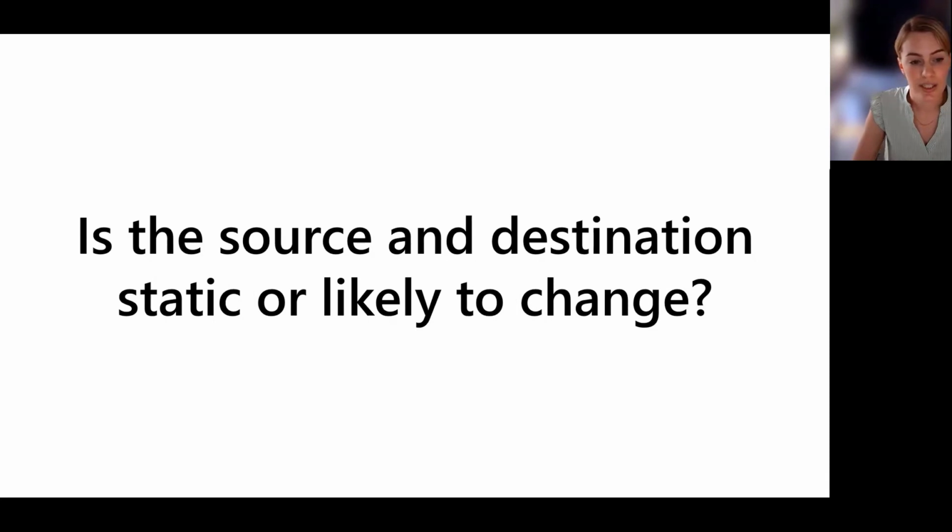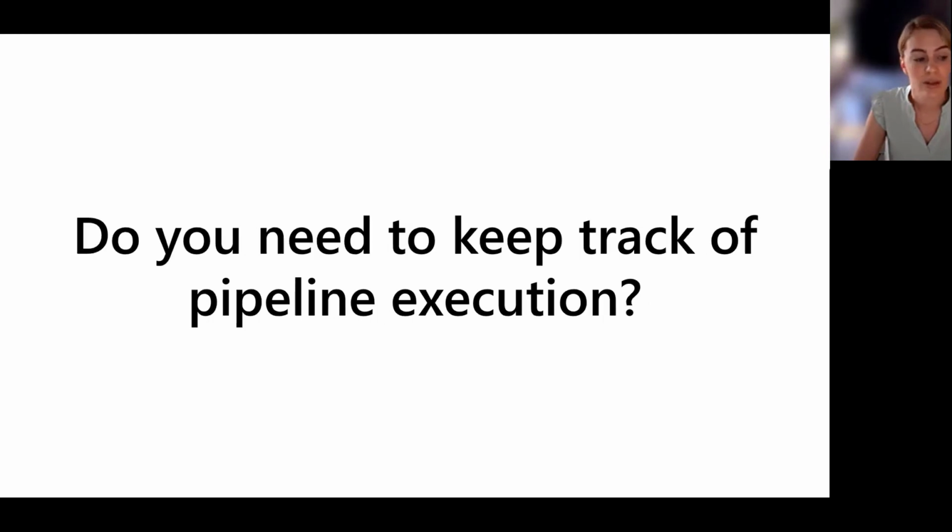Is the source and destination static or likely to change? If you always fetch from the same source and send to a destination, that can be different from the source, but the same destination for the things you transport, then you don't need parameters to be flexible with your dataset. Do you need to keep track of pipeline execution?